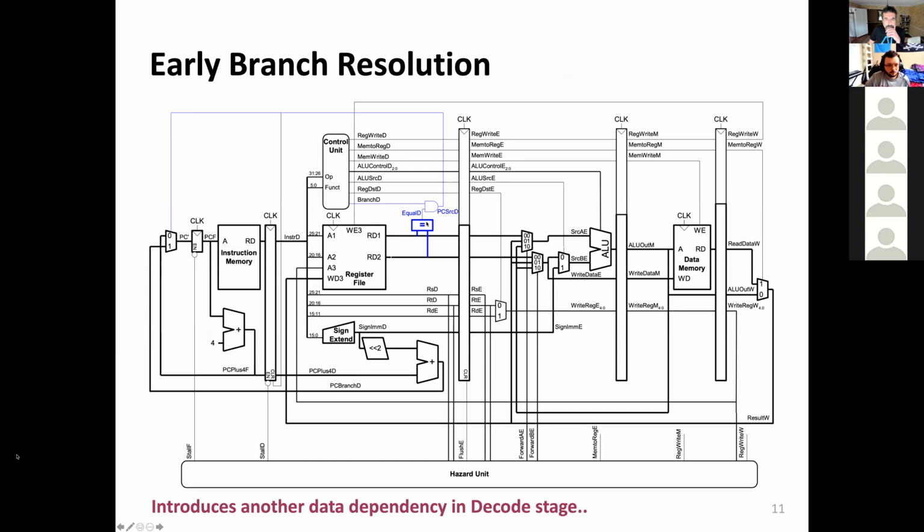And then we have the PC value that we need to jump to in the second stage instead of the fourth stage. So we expedited this calculation by two stages. We know this decision, whether the branch is taken or not, in the decoding stage.